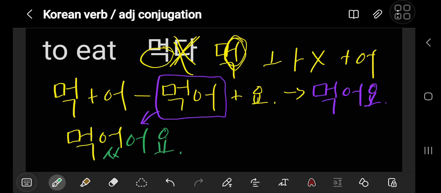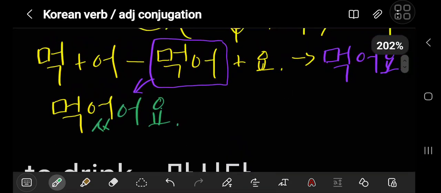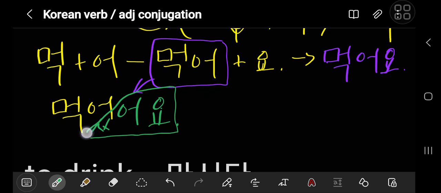So, what did you 먹었어요? So, 뭘 먹었어요? What did you eat? Yep, so here's our past tense part here with the added formality.